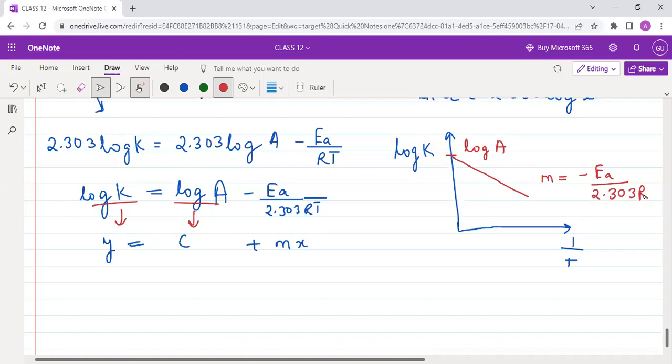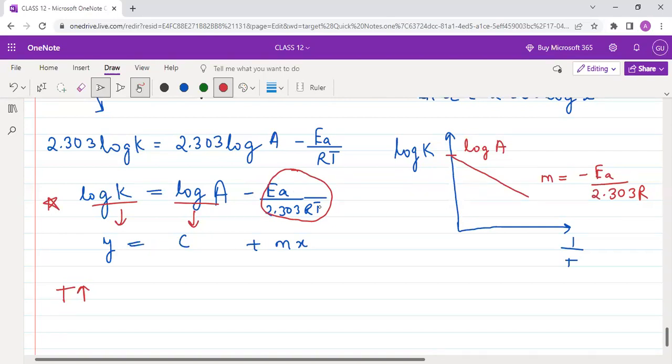Now if you observe this equation, if we increase temperature, will this whole term increase or decrease? Ignore the negative sign.